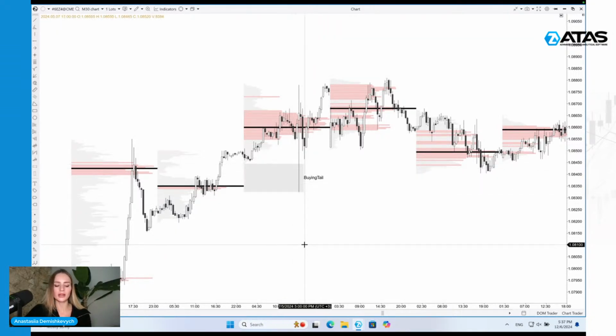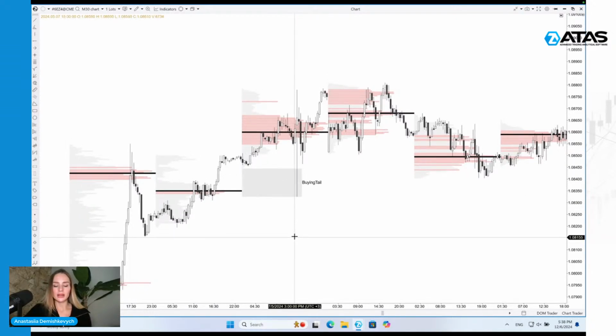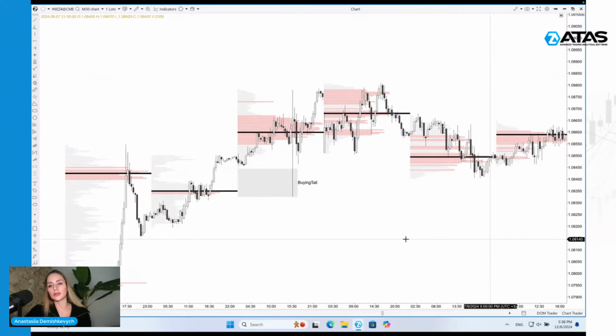Lows being the buying tails, highs being the selling tails. So we want to see on the footprint the dominance, buyers or sellers. For example, large aggressive selling, negative delta at the lows that diminishes without any further downwards continuation of the move can signal a potential upwards reversal, and vice versa.